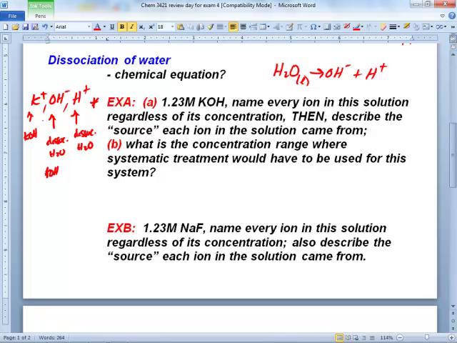So you have to find the hydrogen ion concentration, because the amount of hydrogen ion from the dissociation of water is the same as the amount of hydroxide from the dissociation of water.